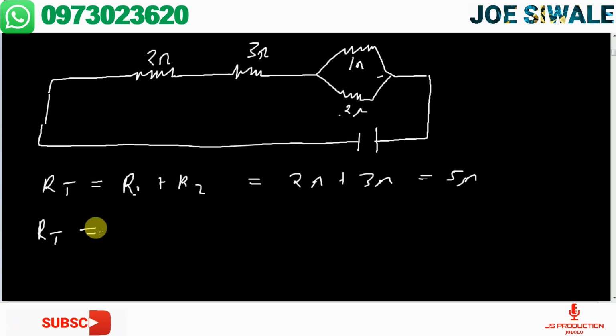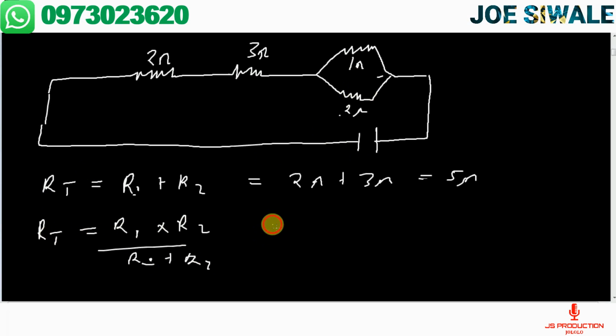I can say total resistance goes to resistance 1 multiplied by resistance 2 divided by resistance 1 plus resistance 2. So that's going to be 1 multiplied by 2 divided by 1 plus 2. So 1 multiplied by 2, that's 2 divided by 1 plus 2, that's 3.